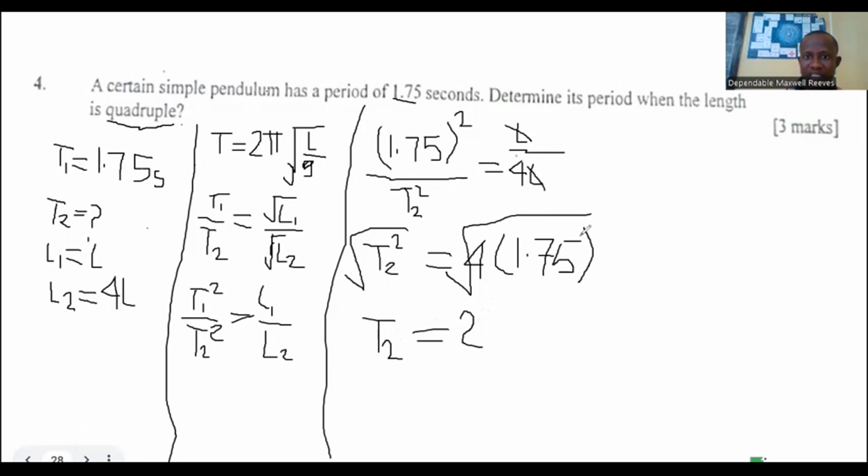And remember that this 1.75 is also squared. It's squared here. So when we take the root of 1.75 squared, the square will drop, and we are left with 1.75. So we have 2 times 1.75.